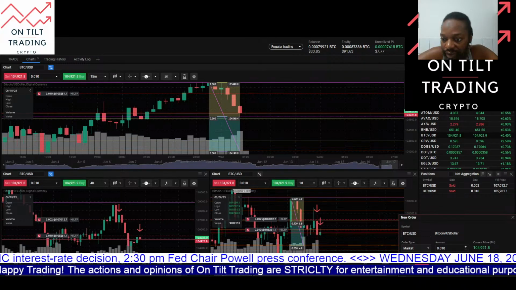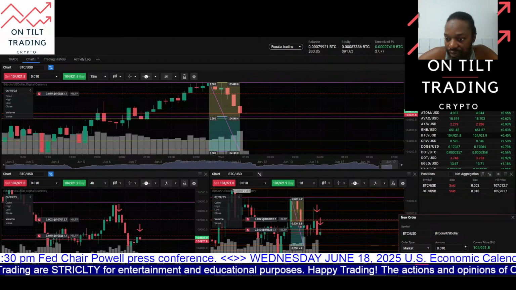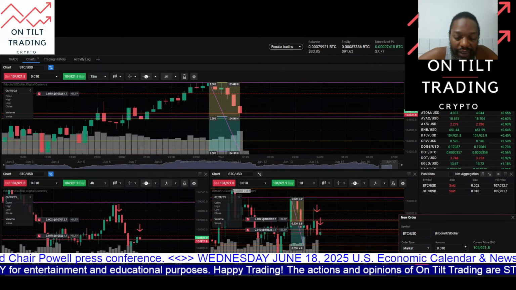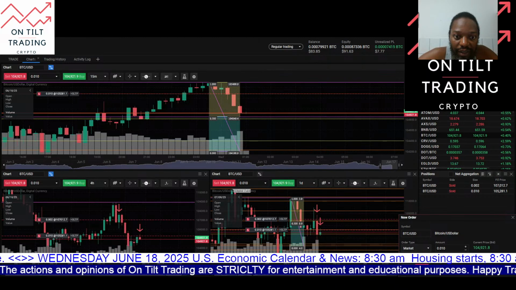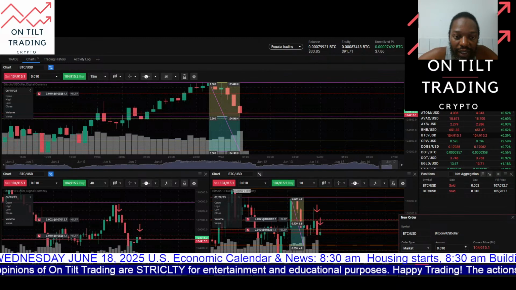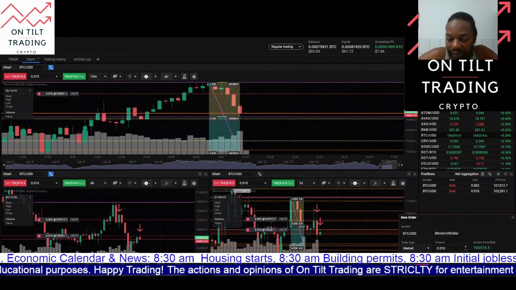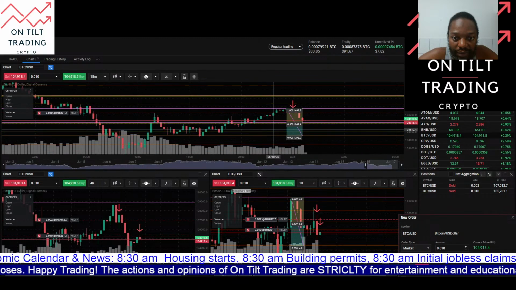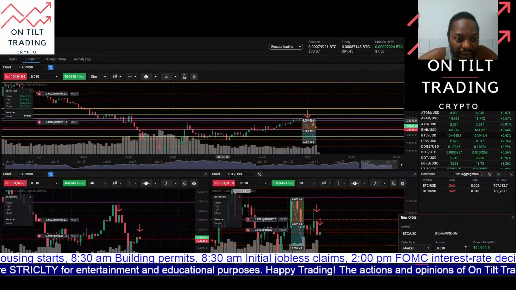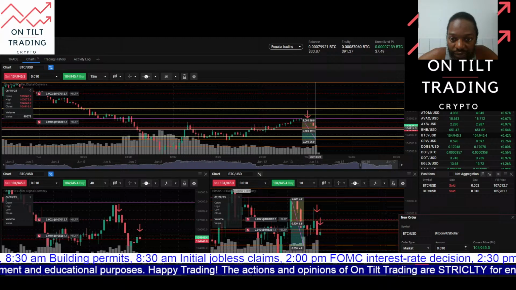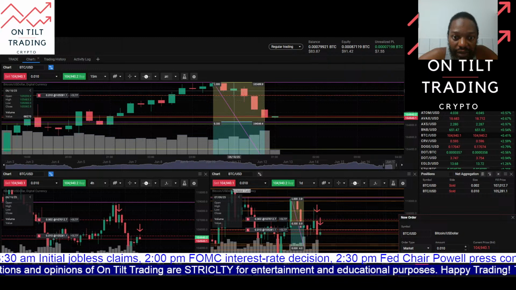But with that premature entry, if I had waited until there was a closure, which I'm seeing again now, I could have used this high as a stop loss here. I would have had a better risk to reward because I used this entry with this stop as opposed to using this entry here with this stop.